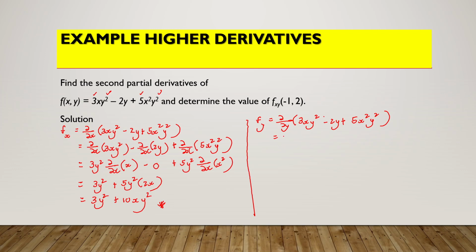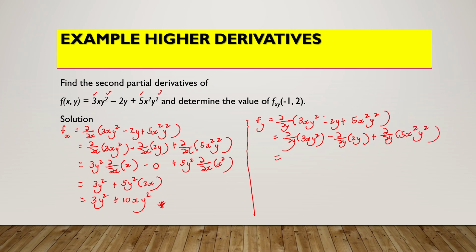When you del del y, break it one by one: del del y of 3xy squared, minus del del y of 2y, plus del del y of 5x squared y squared.